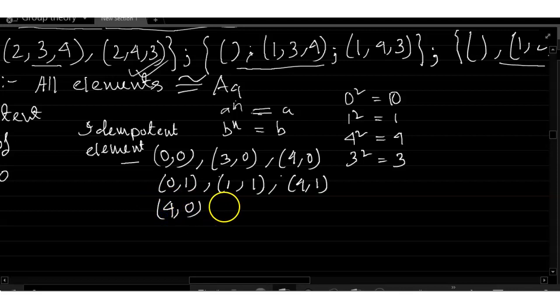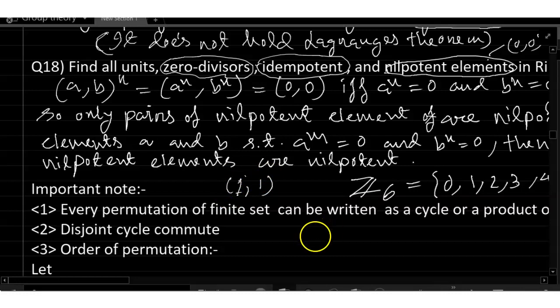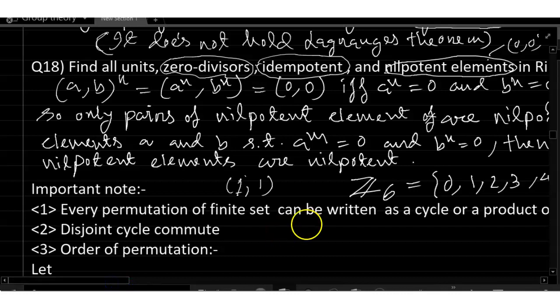So friends, I hope I get every point. This is a total of 6 elements I get. So zero divisors I have already found out, idempotent elements are also found out, and units too. I hope I can clear the concept.